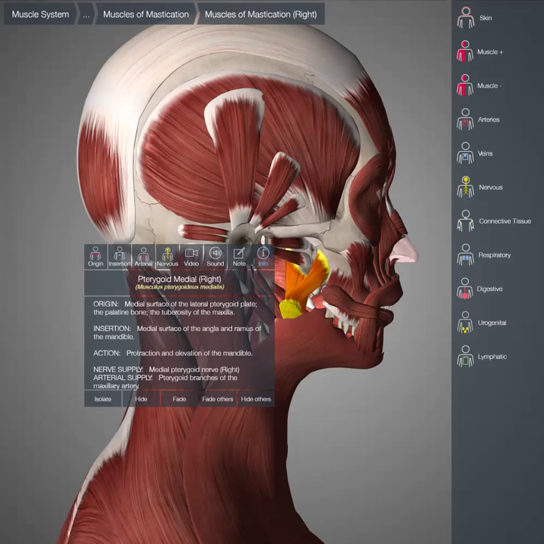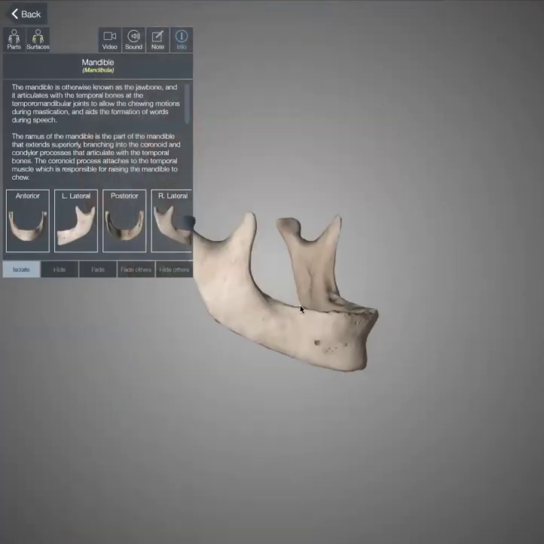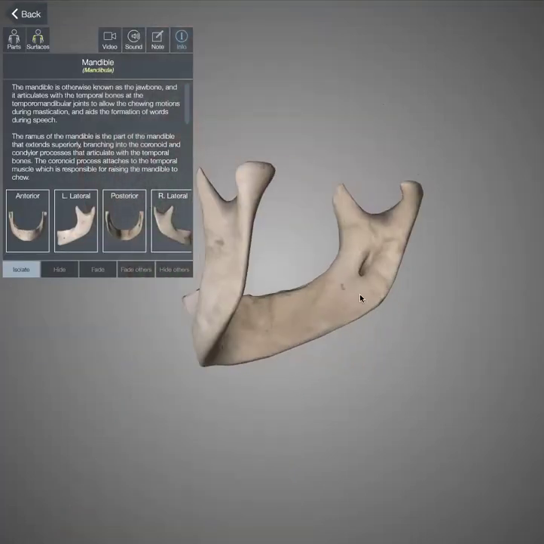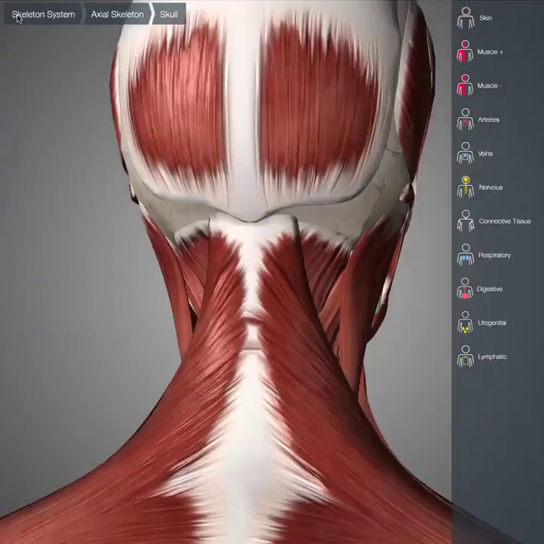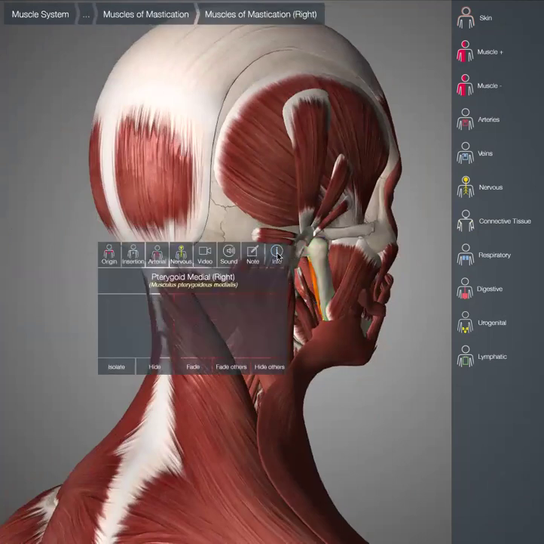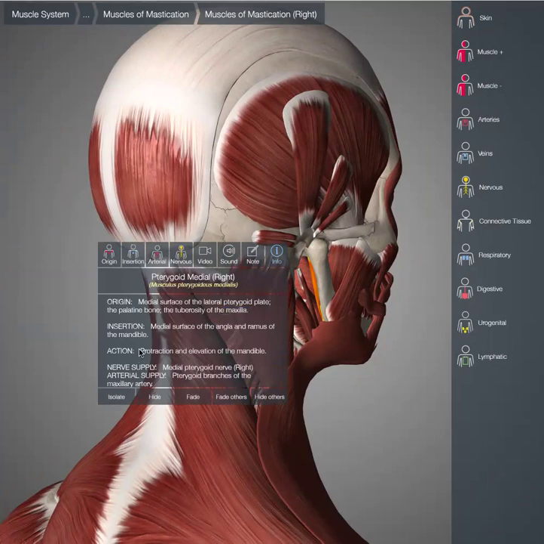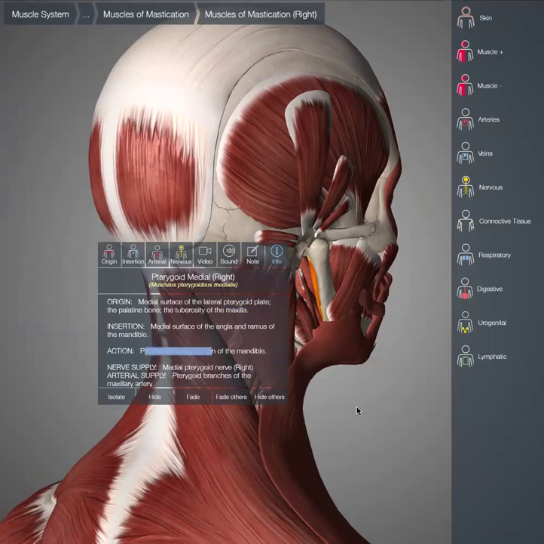For example, I will show you so that it's not confusing. You isolate the mandible, and it inserts here, the medial surface of the angle of mandible. Action: it protracts and elevates the mandible.